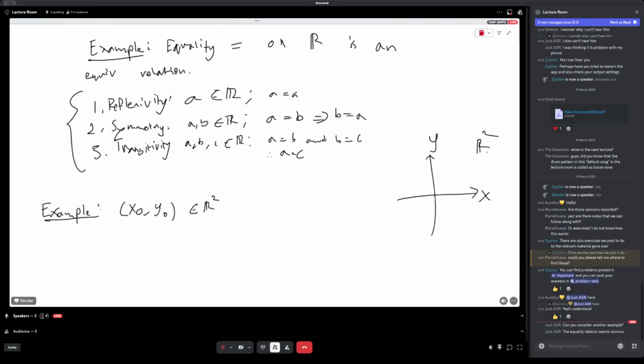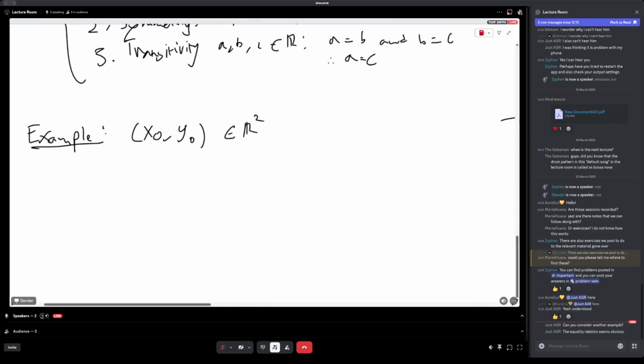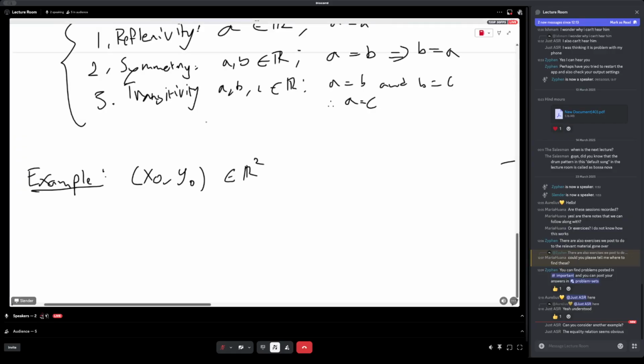This plane is called R2. So let's take two points, this coordinate and another coordinate from R2.